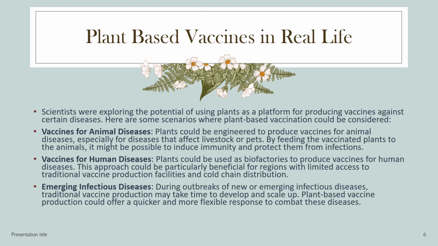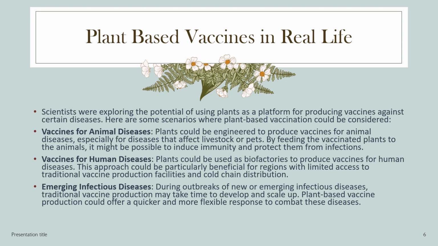And so four real-life situations that I think would benefit from plant-based vaccinations are animal and human diseases, as well as emerging infectious diseases. We could engineer these vaccines to possibly induce immunity and protect humans and animals from infections.